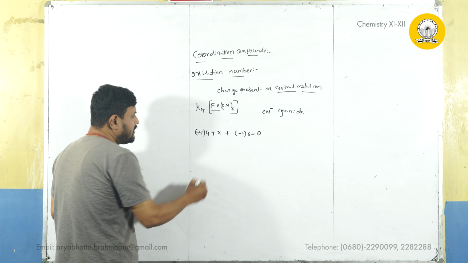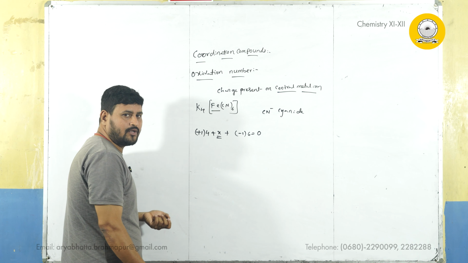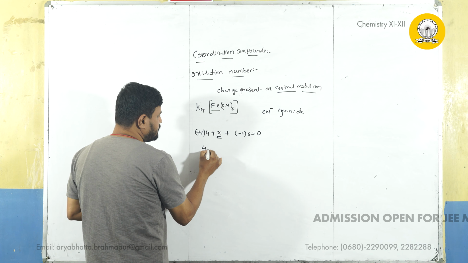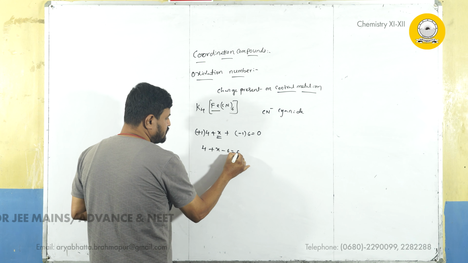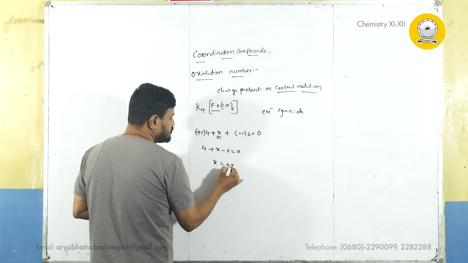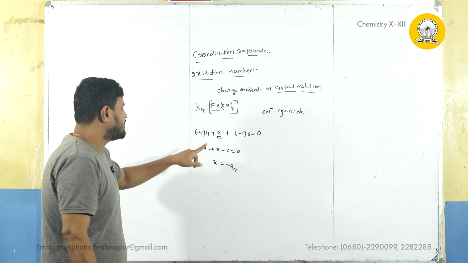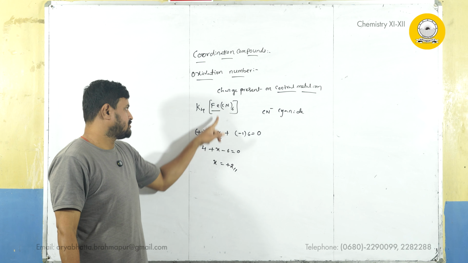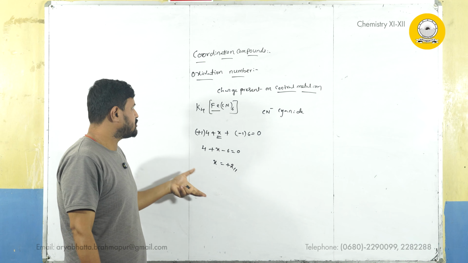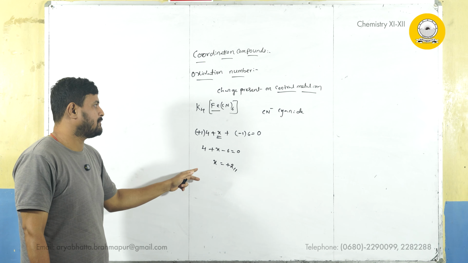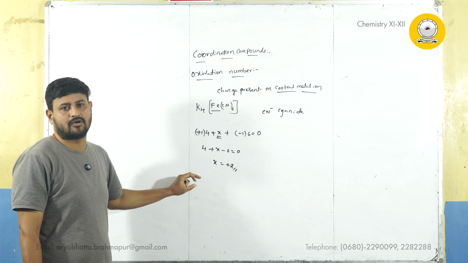Then we can find X: 4 plus X minus 6 equals 0, so X is plus 2. This is the oxidation number, the charge present on the iron. Very important terminology.